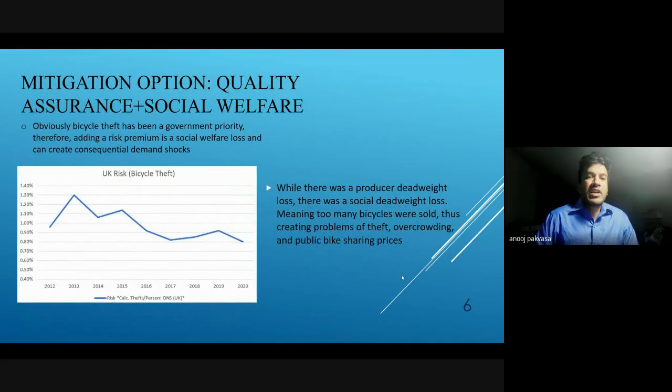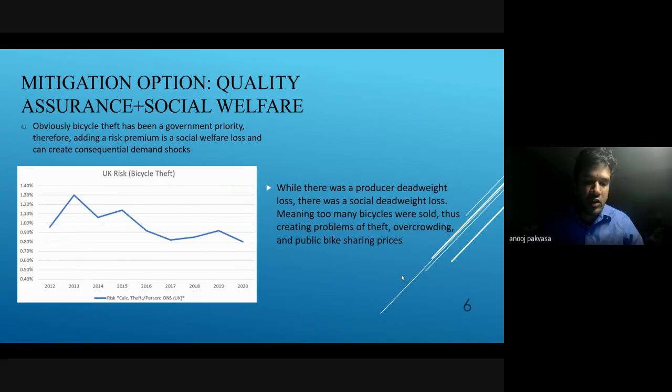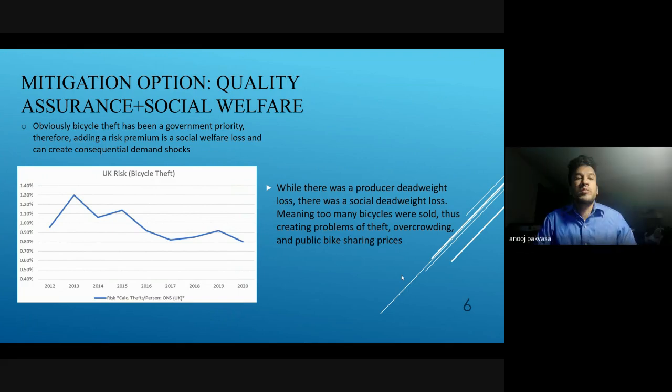Mitigation option 3 is built around quality assurance plus social welfare. So one calculation I did was by finding data for an interval for UK risk of bicycle theft. The government's really focused on funding it. It went from 1.3% down to about 0.9%.